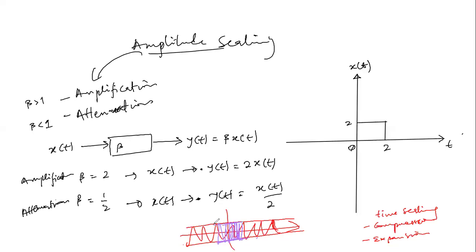You get that? So this entire signal that would have taken a wider bandwidth is now taking a smaller bandwidth because of compression. But the amplitude scale is the same. I've only compressed it over the time axis.